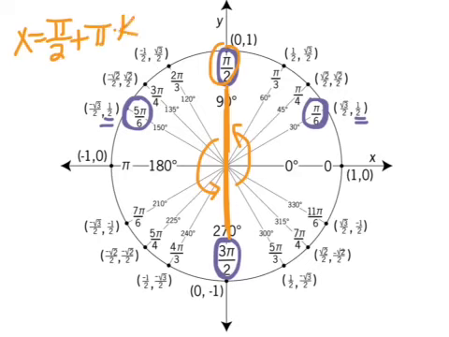Then if we look at our other two angles, pi over 6 and then 5 pi over 6, you see those two do not create the same line on the unit circle. So in order to get another equivalent angle, from pi over 6 we'd have to go a full 2 pi around the circle.